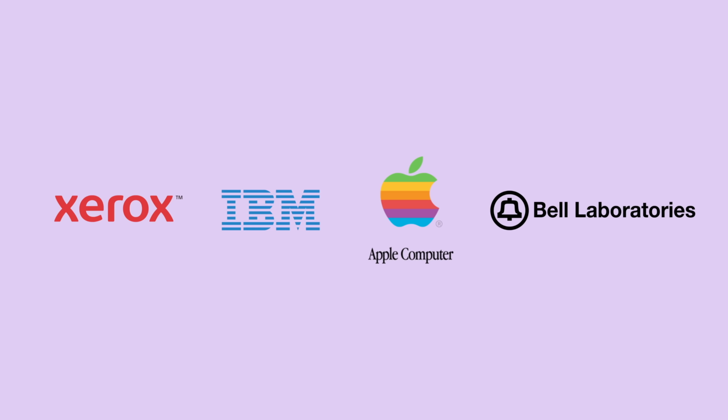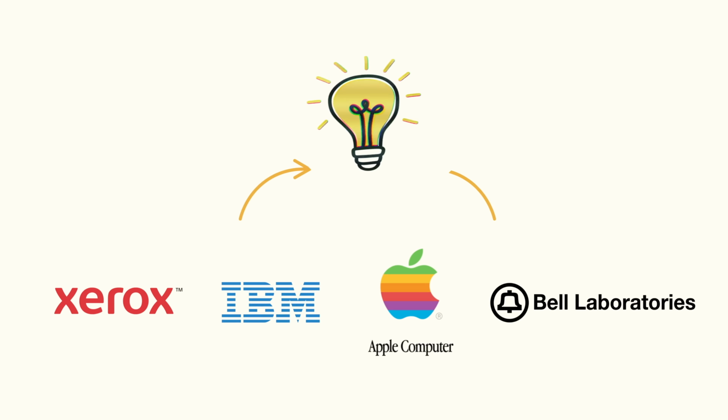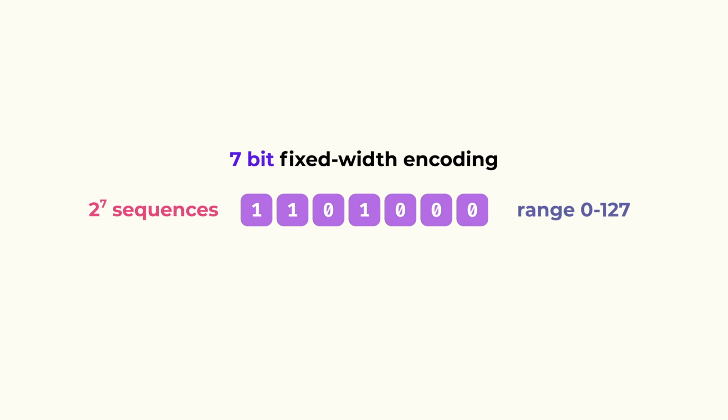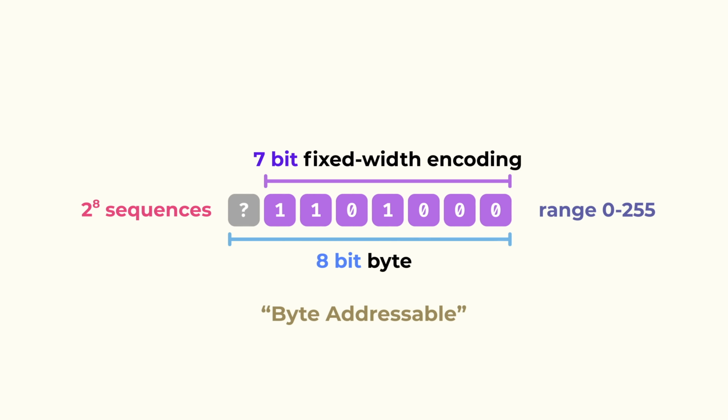And actually, several of them concurrently managed to all come up with the same amazing idea. Remember how I specifically mentioned that ASCII only uses 7 bits? Well, at this point in history, the majority of computers are what's called byte addressable, which roughly translates to the idea of an 8-bit byte being the smallest unit of information the computer can work with.